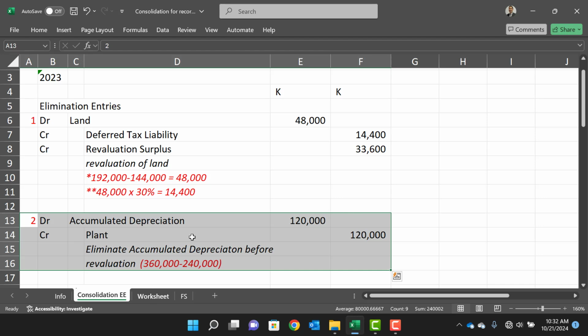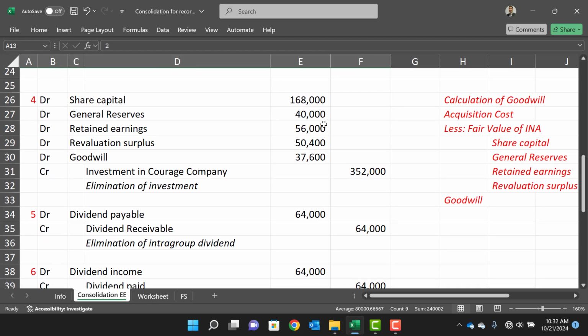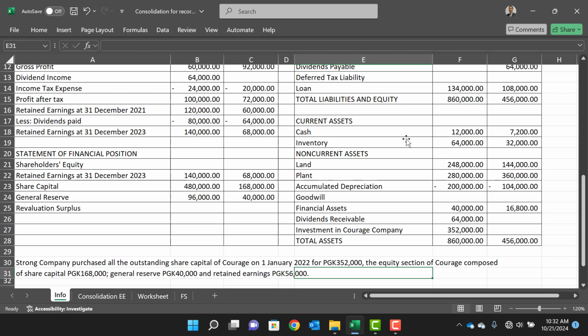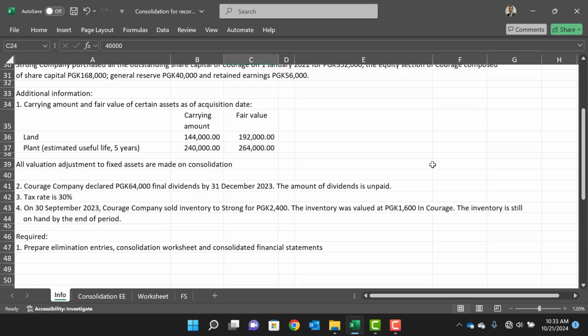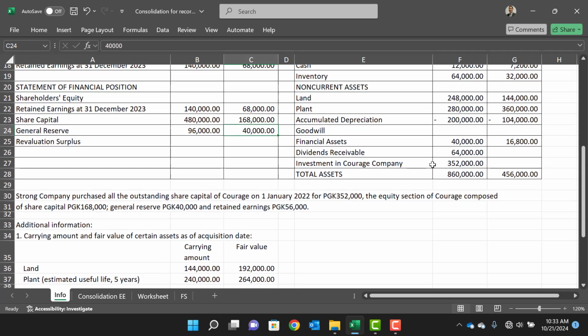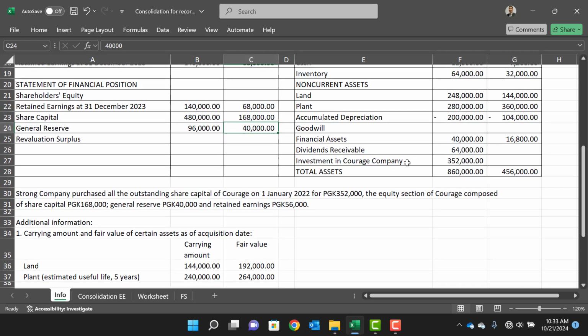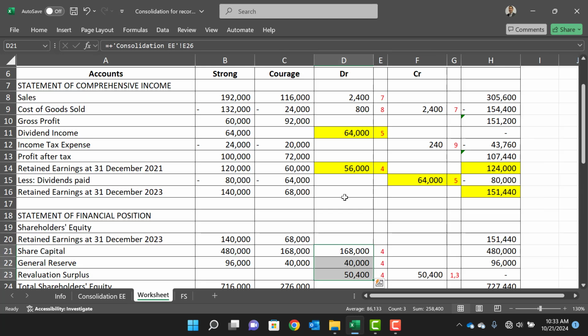And you notice in the elimination entries, that's the amount that I put in retained earnings, not 60,000 kina, and not 40,000 kina, which of course will be added with income, but the amount of 56,000 kina.